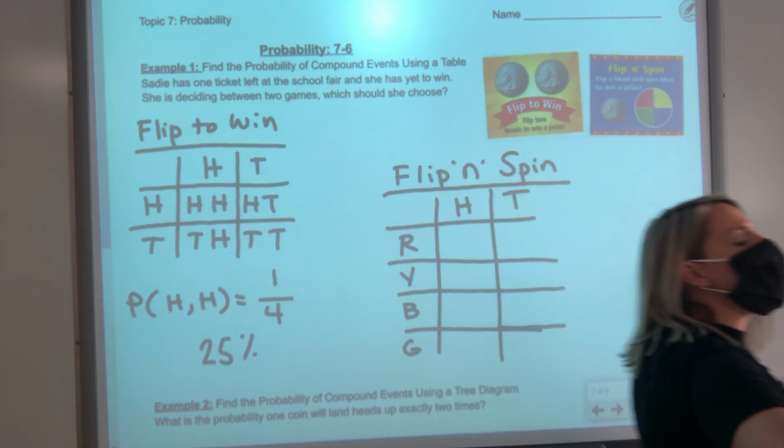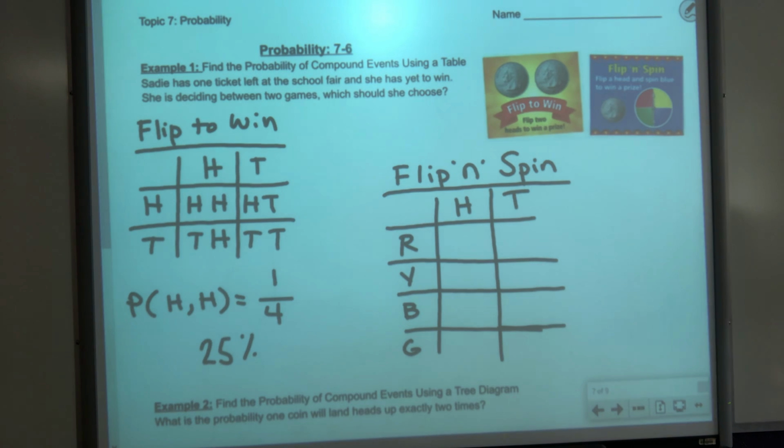Right away, what do you notice? Is your probability going to be greater for flip to win or flip and spin? Flip to win. Why do you think flip to win?